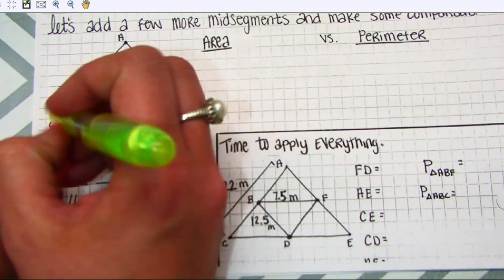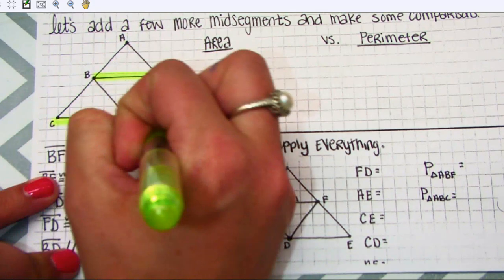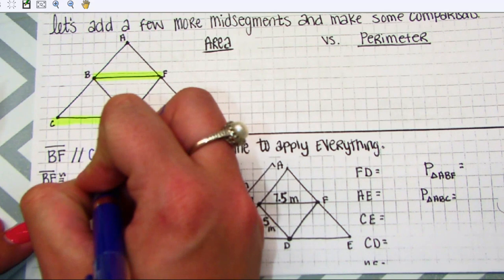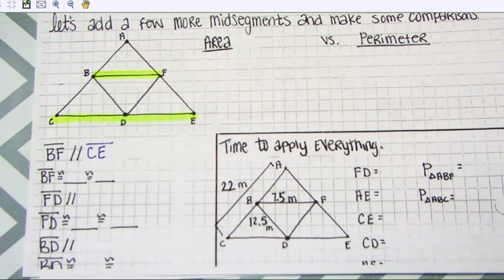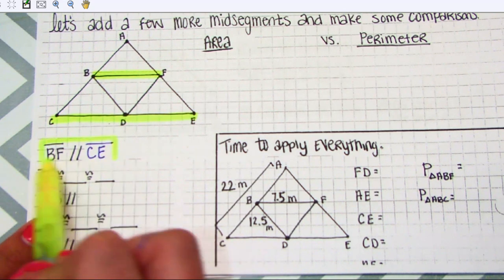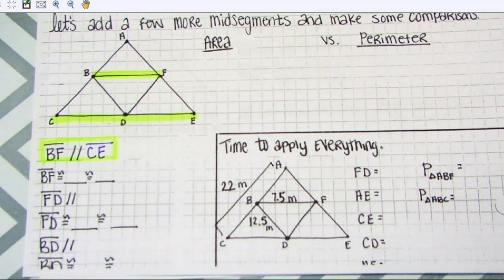It's parallel to this one, that whole piece. So down below where it says BF is parallel, we're going to put CE. BF is parallel to CE. That parallel means same direction, never crossing.